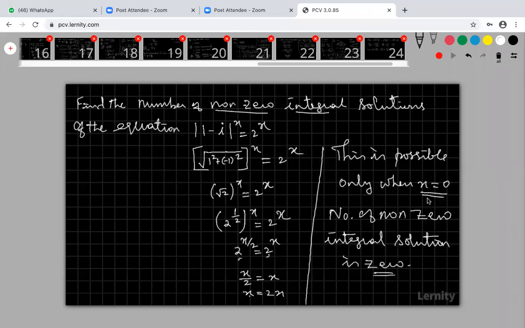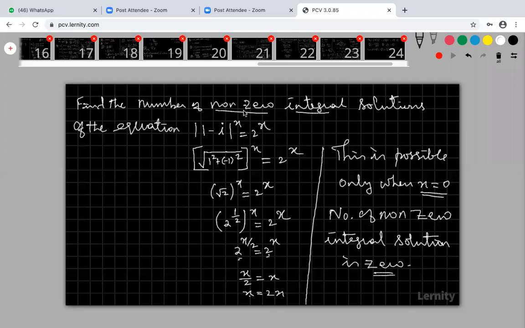This 0 is different from this 0. This is a solution 0, but here the number of non-zero integral solutions is nothing. Why? This equation is satisfied only by x equal to 0. But they are asking any non-zero integer satisfying this equation, which means no. The number of non-zero integral solutions is 0 only.